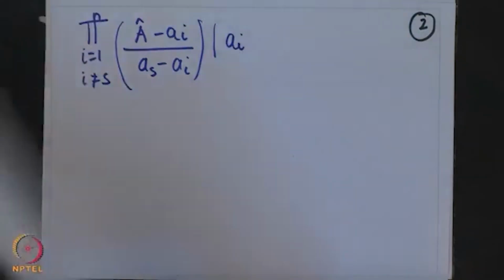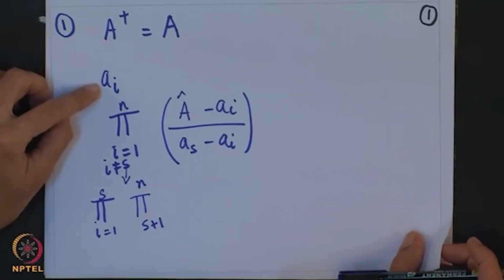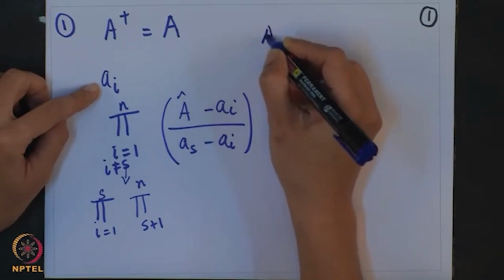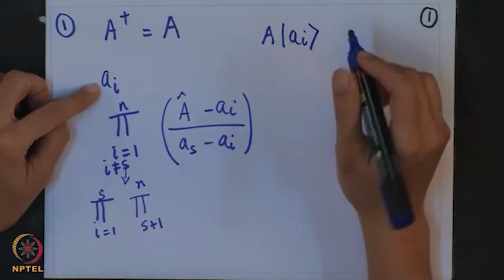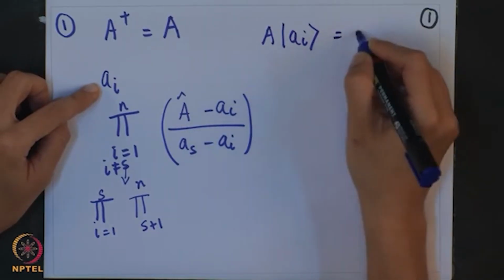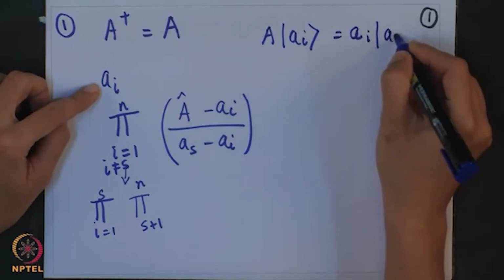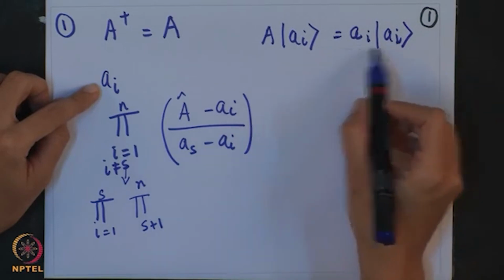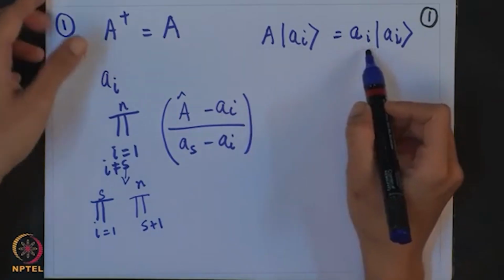And here you must note that a_i is the eigenvalue of this operator. So, when A is operated on the eigenket |a_i>, you get the eigenvalue a_i. This is the operator and this is the eigenvalue.